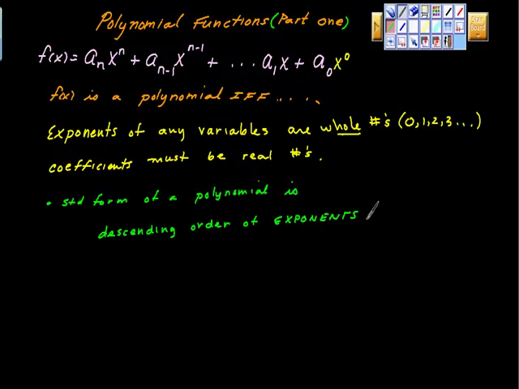And we're going to get into exactly what that means in just a second, but just as some things to think about. Descending order of exponents, let's do that. Make sure we make it clear.